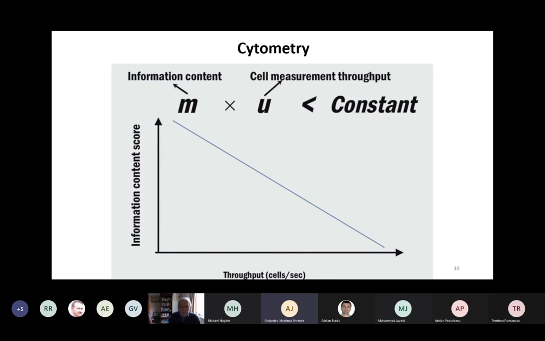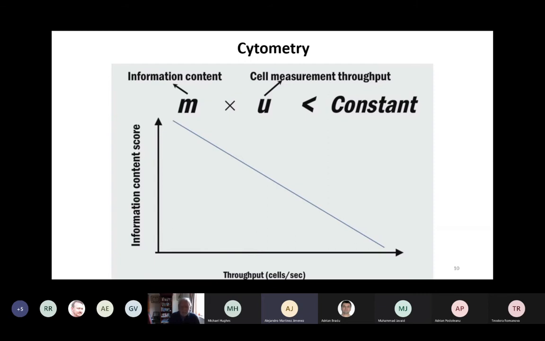Now, instead of using mass and speed, we use information content as well as measurement throughput, M and U here. The product of these two parameters is always smaller than a constant, and this constant, in fact, is limited by the sensitivity of the sensor.